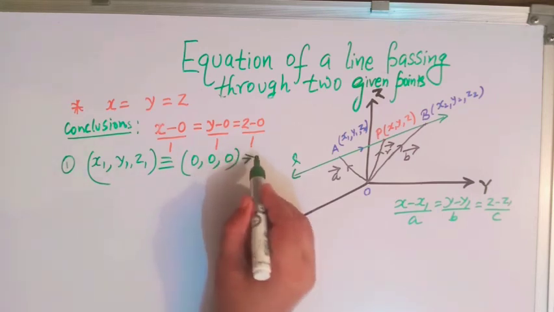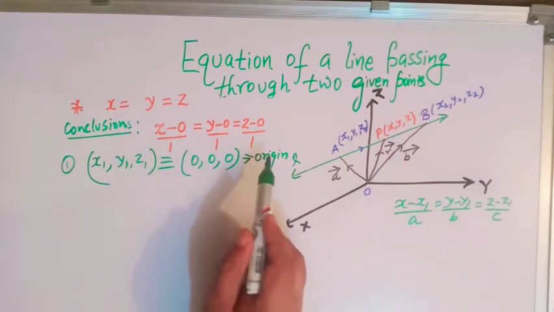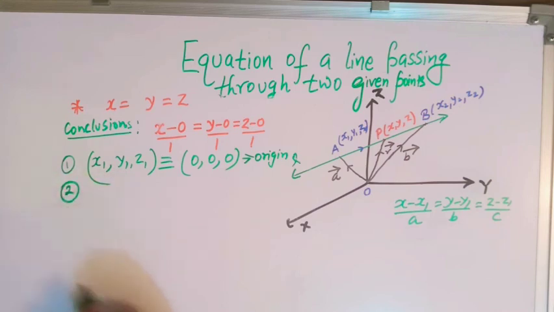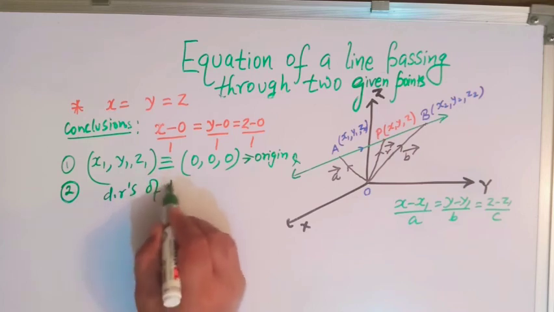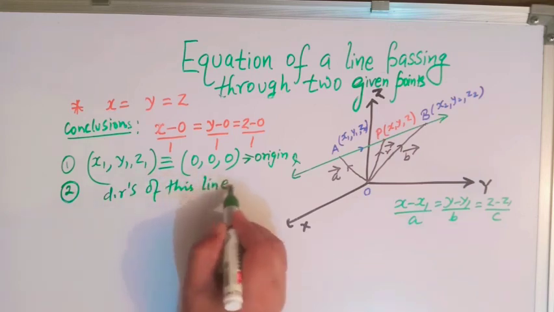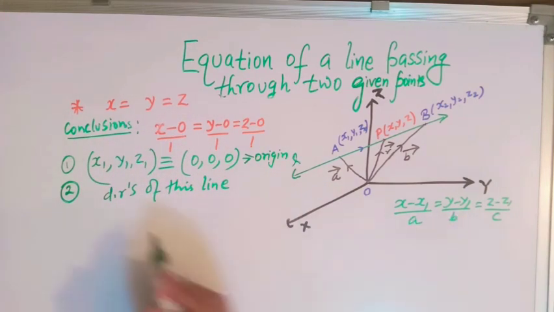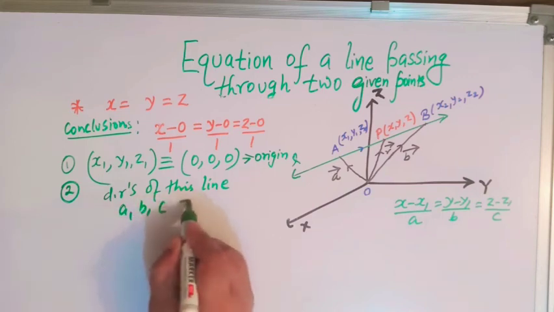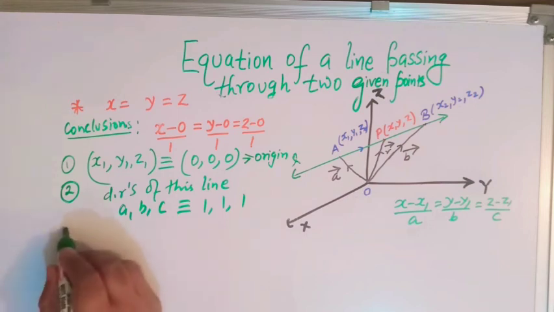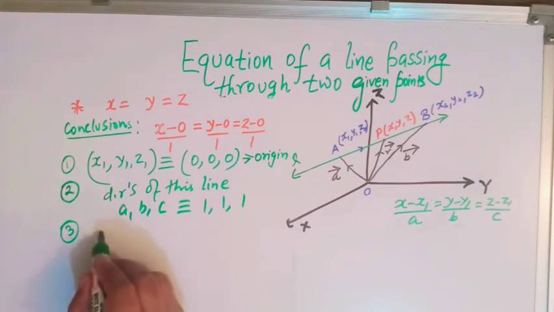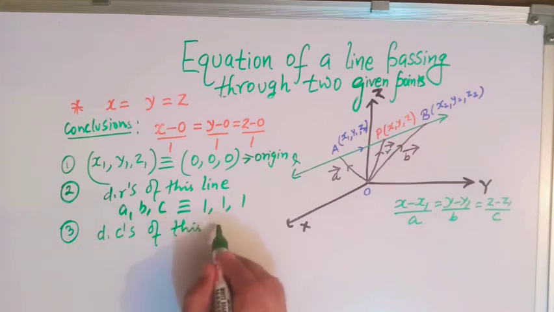So this is the origin. So it means this line passes through origin, right? The second one, what are the DRs of this line? So if we compare this equation with this equation, we see that a, b and c are 1, 1 and 1, right?